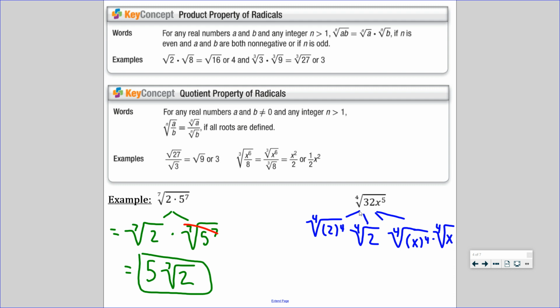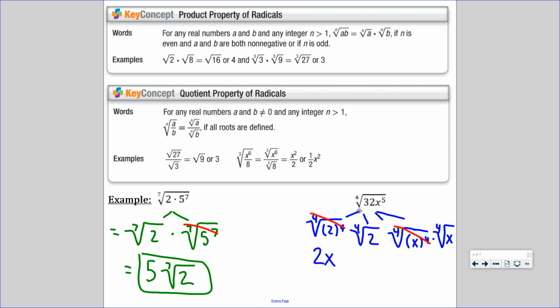So you're breaking it up. The ones in this lesson, for the most part, always come out to a nice, clean answer. But when we get to 6-5, you will see ones where there's some stuff left over. So what happens here is this 4th root and this 4th power undo each other, and both that first factor and that third. So I would have a 2 and an x that come out in front of the radical.